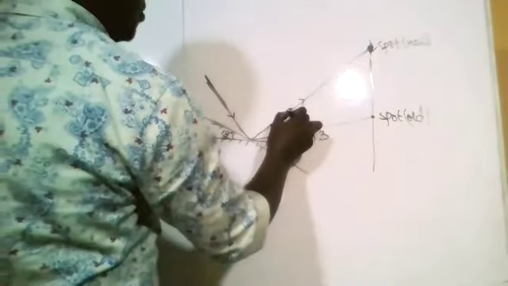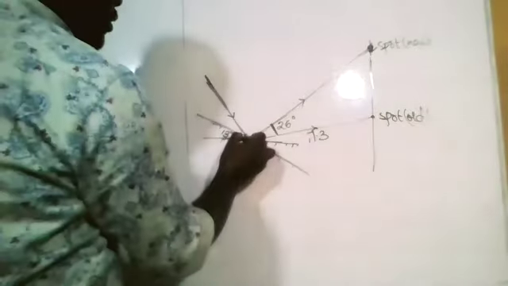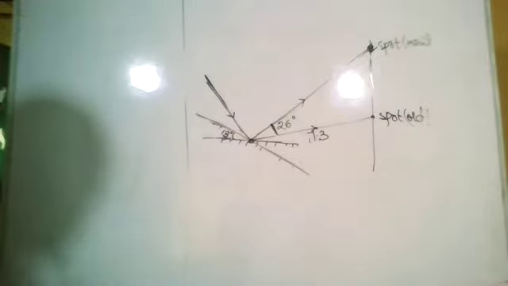I'll be asking you questions, Nana, so that you actually sit up, okay? It will help you. So 26. So what is the distance between the mirror and the new spot? Okay.